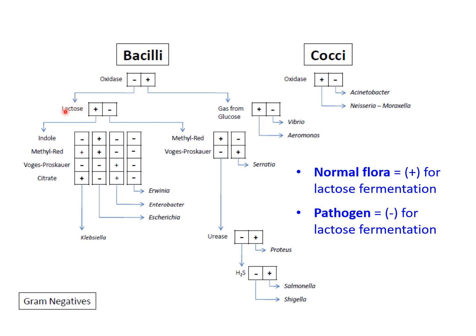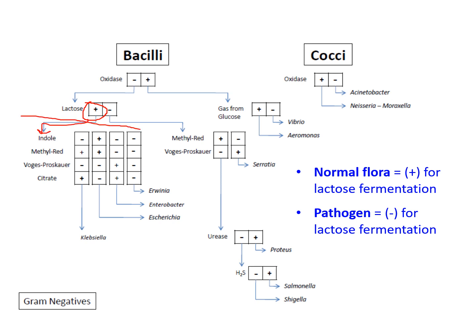So if it's negative, you're going to go down right here. If your lactose is positive, then I'll go down here, and then I'm going to do the methyl red, the Voges-Proskauer, citrate, etc. So if your lactose is positive, guys, you're going to go basically down right here.